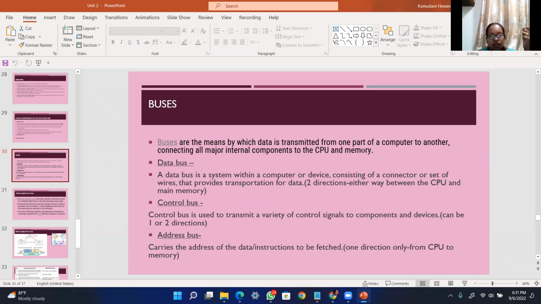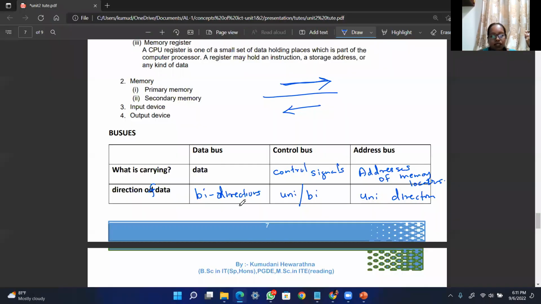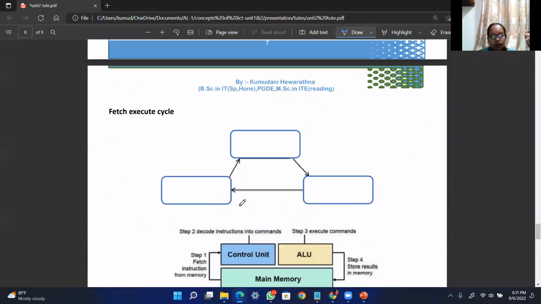So just take the idea. That means buses are the routes or paths that connect the components inside the motherboard. That definition is enough, right? It's just connecting the components.